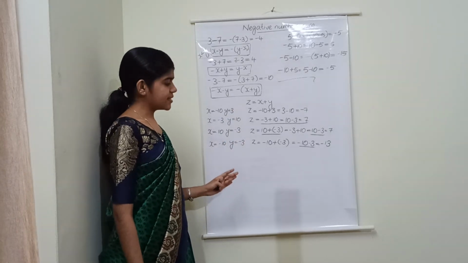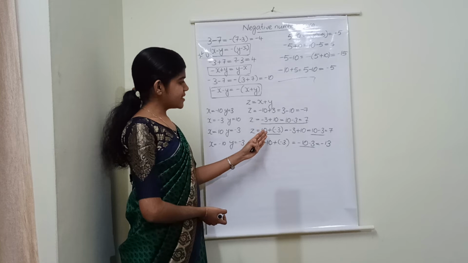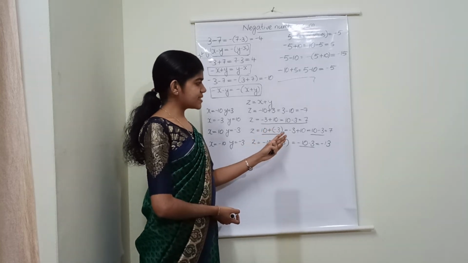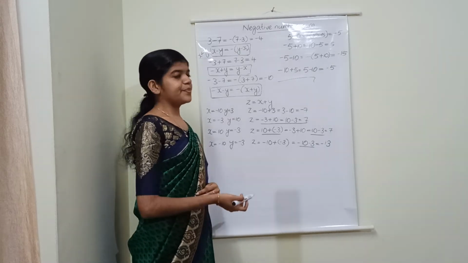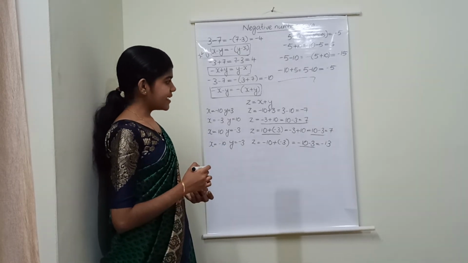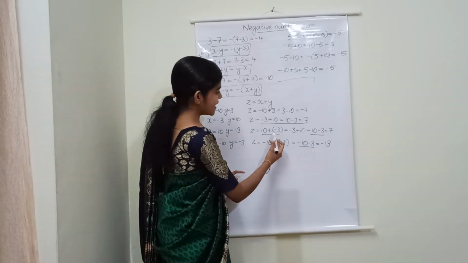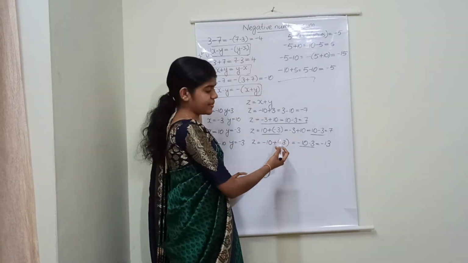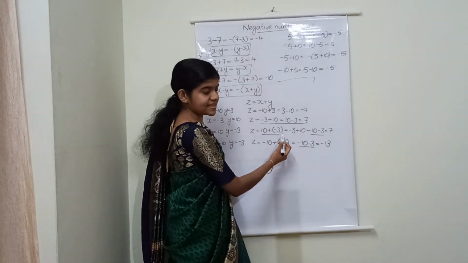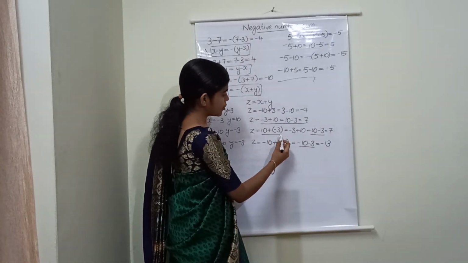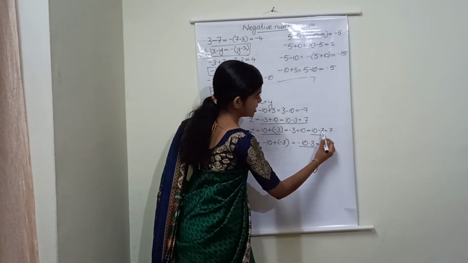Going through this, how can we state this in general? Adding the negative of a positive number, here 3, adding minus 3. Adding the negative of a positive number means subtracting that positive number.